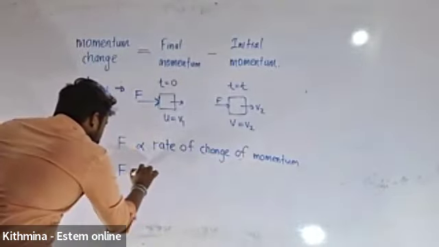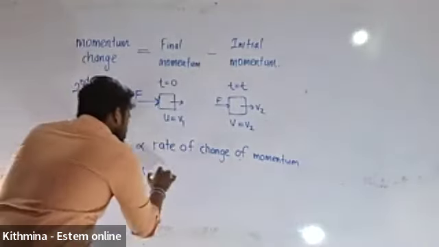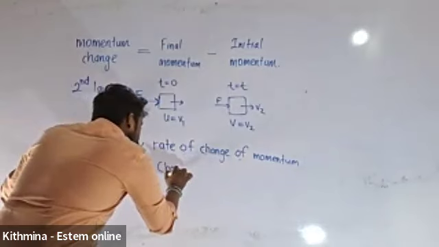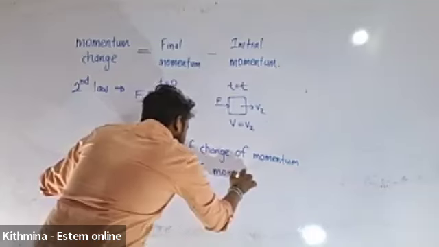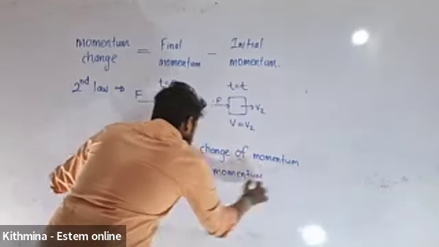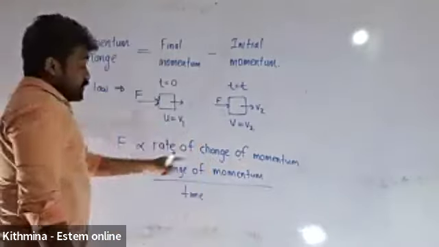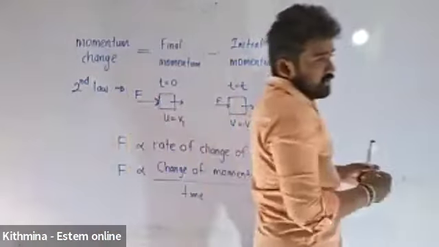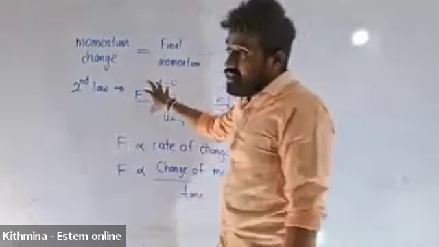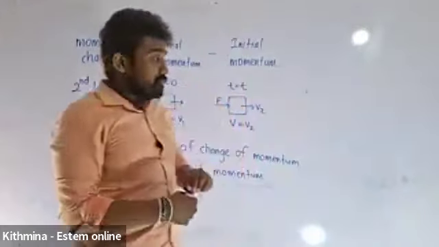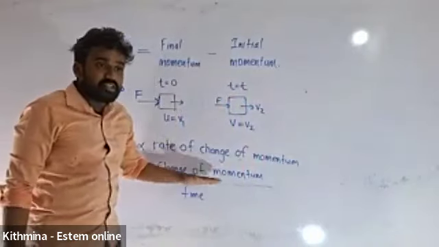It means F is directly proportional to the change of momentum divided by time. That is why the momentum change is important. To find external unbalanced forces, we should find the momentum change in the correct way.